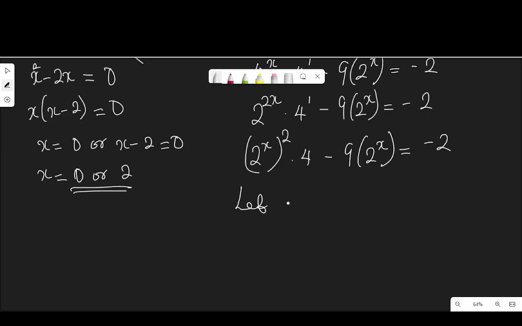So let p be 2 to the power of x, so that this equation becomes 2 to the power of 2 multiply, did I say 2 to the power of 2? I have replaced 2 with p. That will be having p to the power of 2. Sorry for that mistake.